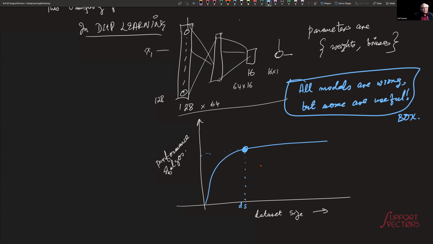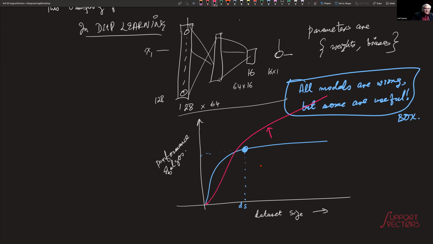Now, what we observe with deep neural networks, and the reason we are so fascinated by them these days, is that they go like this. They underperform in small data ranges, but they keep going up. The growth slows down, but it still keeps growing.